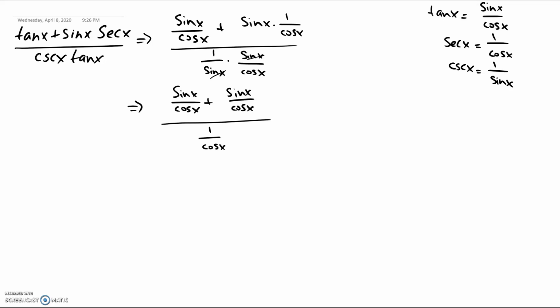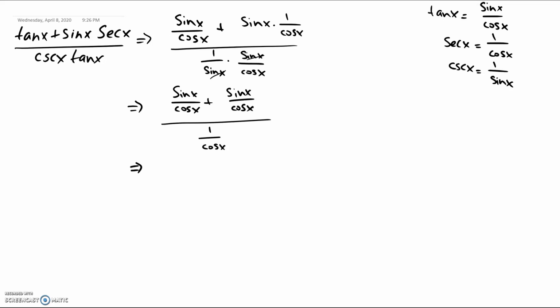Okay, now in the numerator you can see that you have two fractions, and to simplify fractions you have to make the denominators the same, but the denominators are already the same, so you will just combine them.